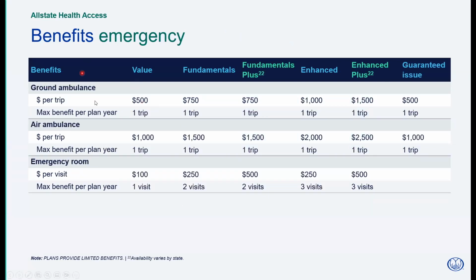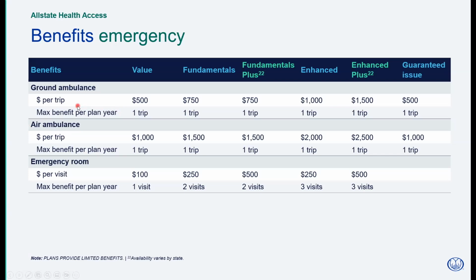Looking at emergency and the available benefits under emergency, we have ground ambulance, air ambulance, as well as emergency room. When it comes to the ground ambulance, we're looking at a per trip benefit.